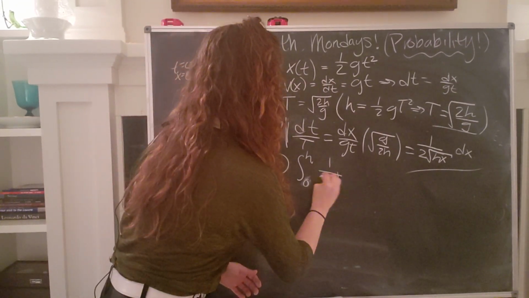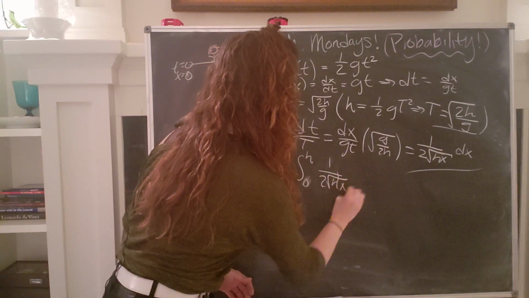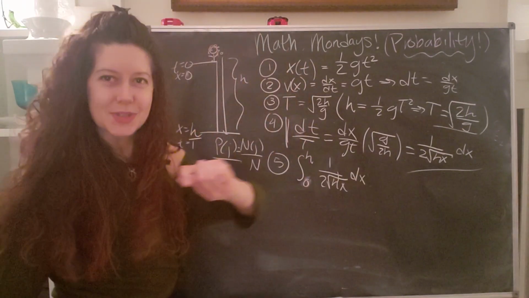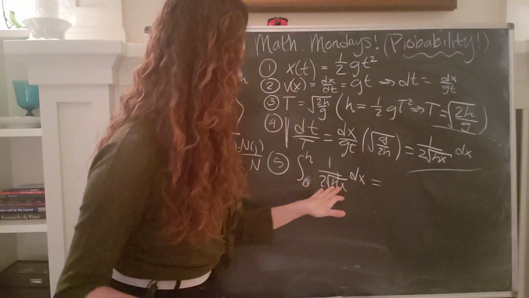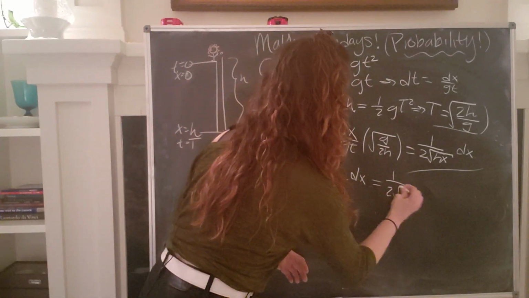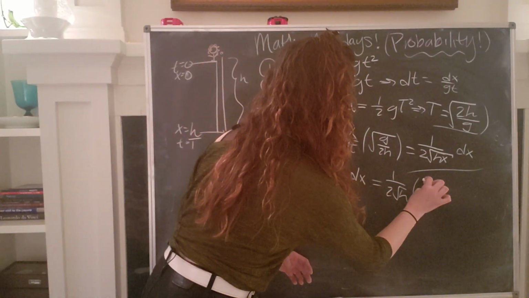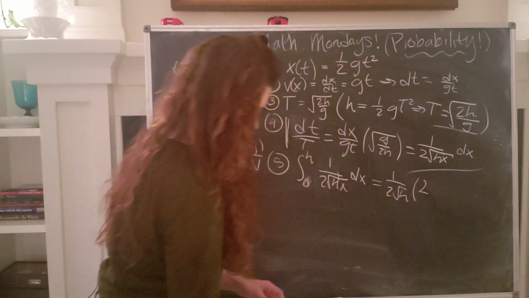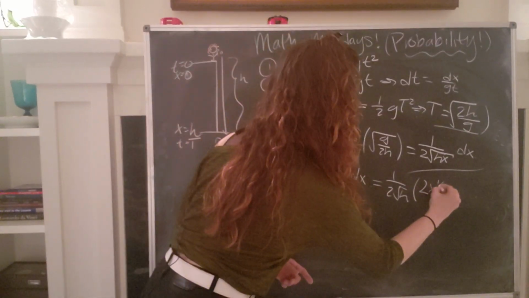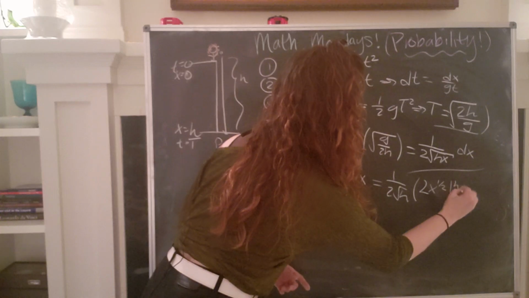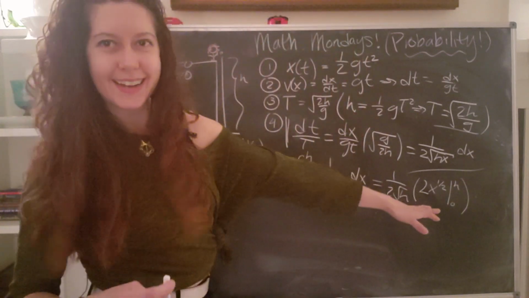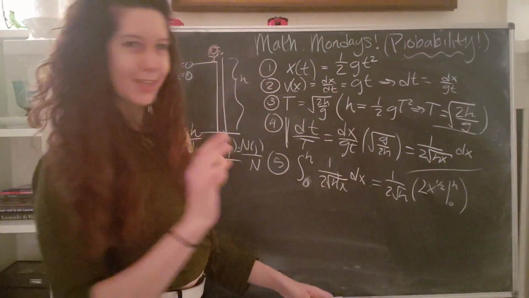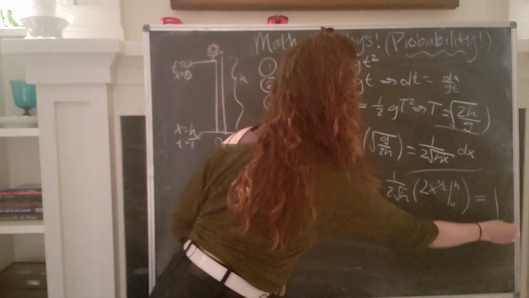We get 1 over 2 root h x dx, and then we can solve this to get 1 over 2 root h, 2x to the 1/2 from 0 to h. And I will let you solve this on your own. That is your challenge. That equals 1.